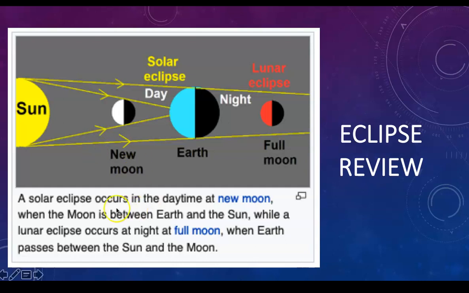Interesting to point out, probably not necessary, but a solar eclipse occurs in the daytime, and a lunar eclipse occurs at night. If I need two more questions, there you go. All right, that's the end of this for now.